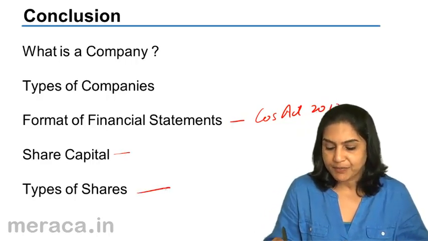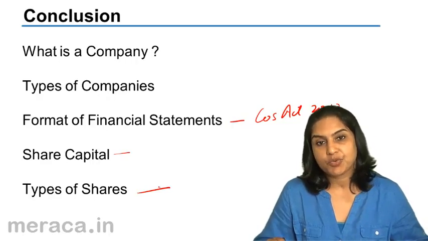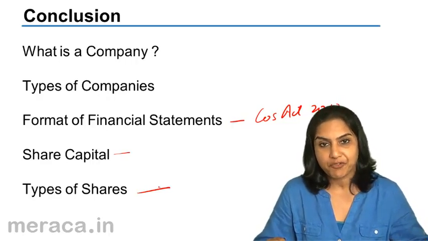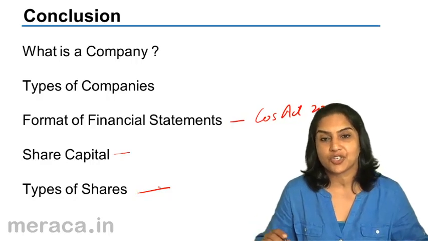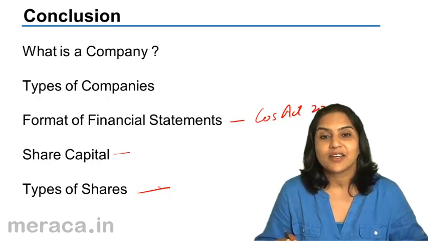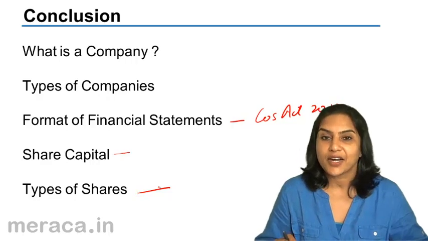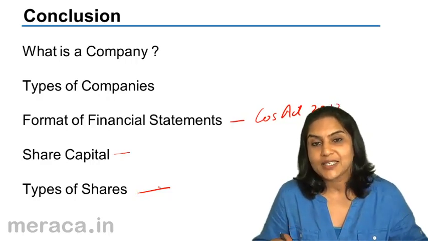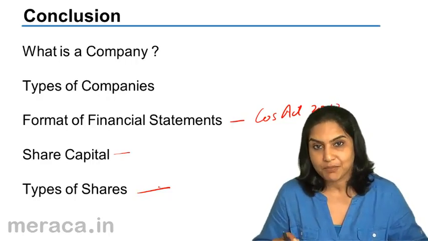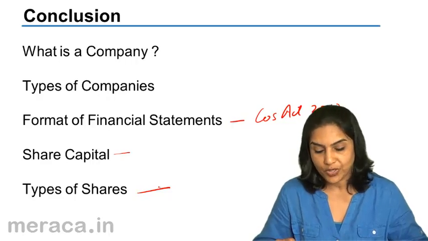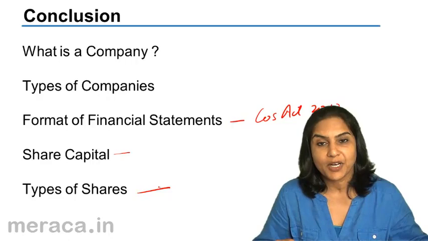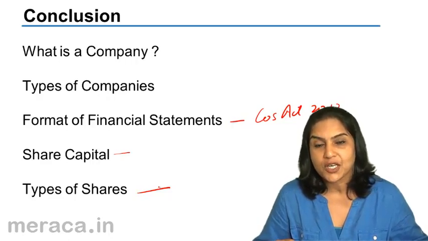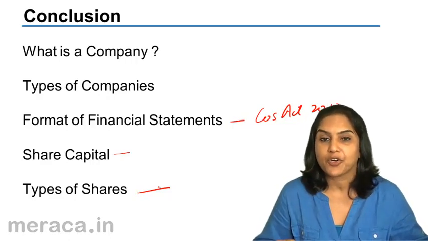Then we discussed types of shares. Types of shares were basically equity and preference. Equity is a share which is not a preference share, and preference share is a share which has two preferential rights: the right to receive dividend first and the right to take the surplus assets on liquidation first before the equity shareholders. And under preference shares also, we discussed there could be cumulative or non-cumulative preference shares. The shares could be redeemable or non-redeemable.